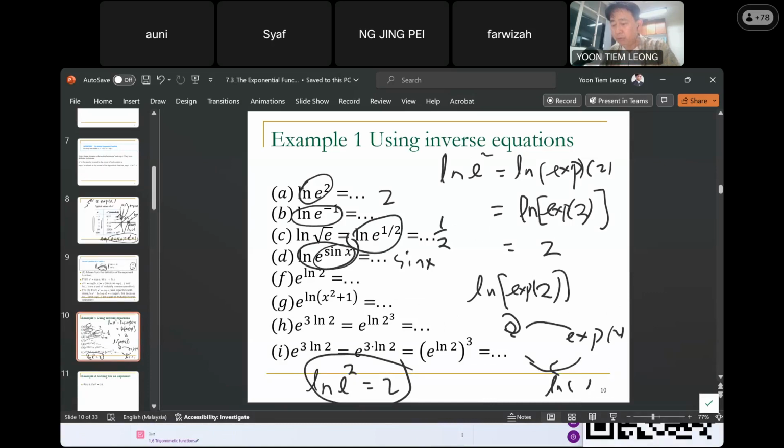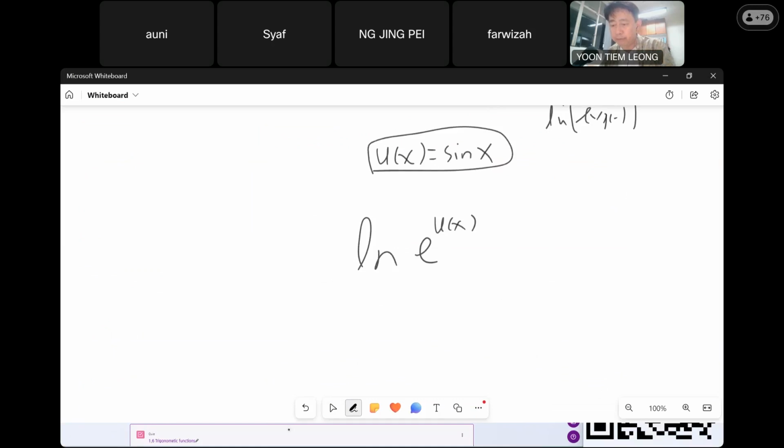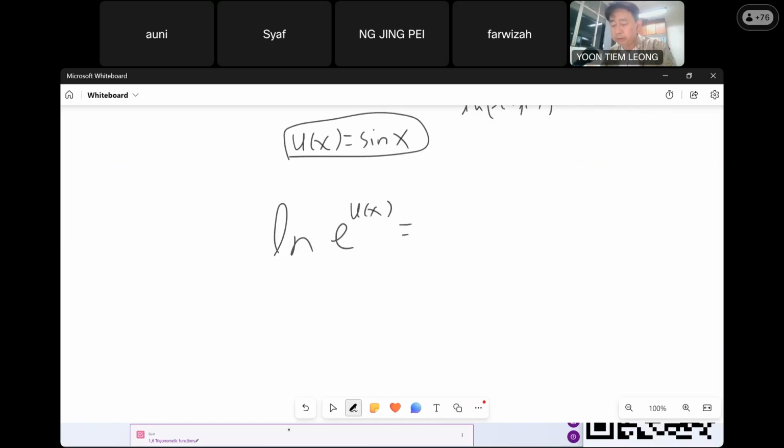Now, let me show you how you can see that ln e power sine of x is sine of x. Ln e to any function of x. Here, the u of x is taken to be the sine of x. So this is the same as you start off with a u of x, then you slot it into the exponential function, then you take the log of it.